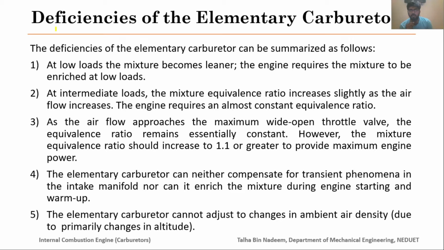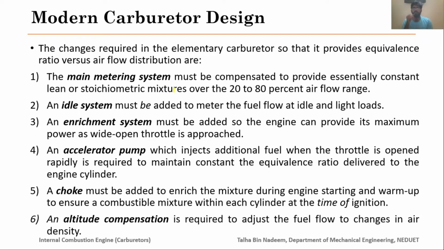In the last class I mentioned that we will discuss some of the accessories which are employed in modern carburetors to overcome all the necessary load requirements, because an elementary carburetor cannot overcome these deficiencies. So we have to add some accessories in order to overcome them. Today we are starting with some of these accessories.